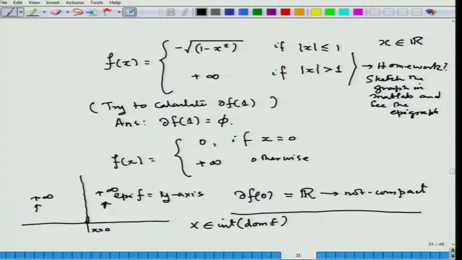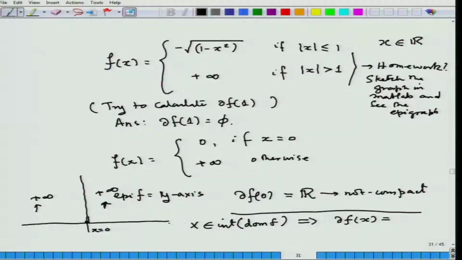If you take the interior of the domain of f, then it would imply that the subdifferential of f at that point is always non-empty, convex and compact. That is, of course, the domain of f has to have an interior. We are expecting the domain of f to be full dimensional. If it is not full dimensional, nothing can be said.